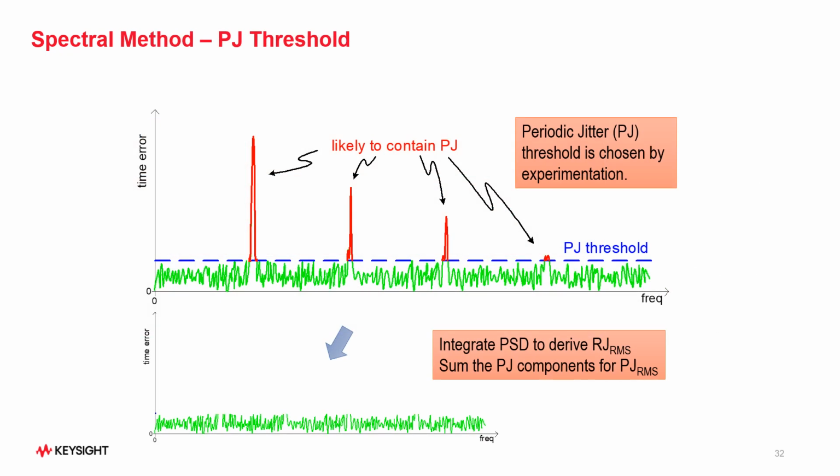So now let's jump into the spectral method a little bit deeper and understand how the RJ extraction is done. Remember, in that flow, once we have the TIE records, one removes the data dependent jitter from the histogram. So what is left is the PJ and RJ spectral content, and that is what we are seeing at the top of the graph. The spectral content contains the periodic jitter and also the random jitter at the bottom.